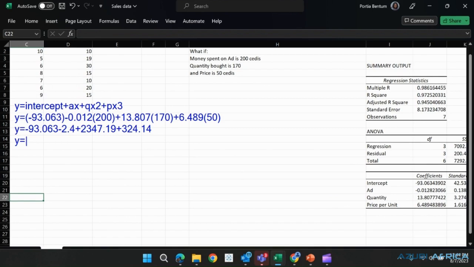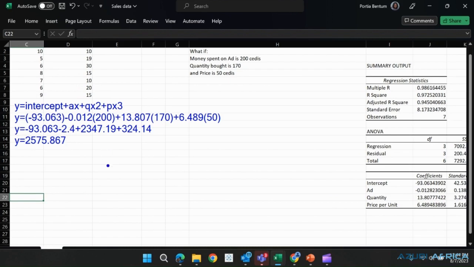That is going to give us 2,575.867. This is the total that we are going to get. So Y is equals to 2,575.867 Ghana cedi.